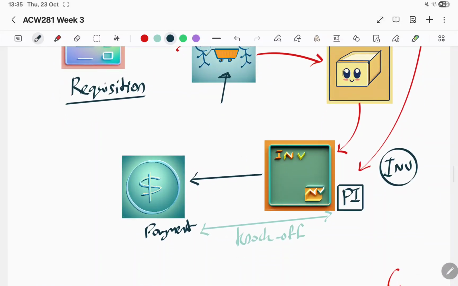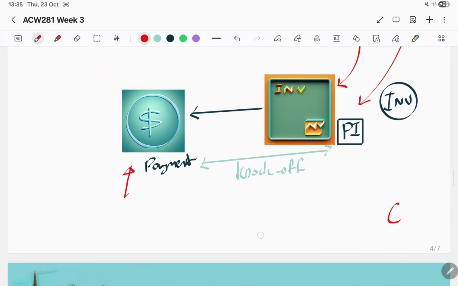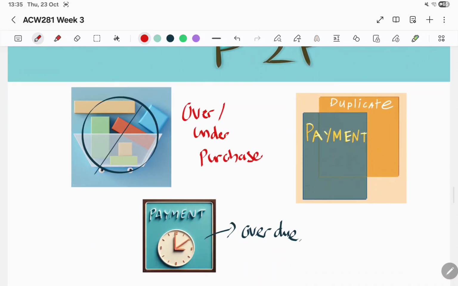In this stage, you want to pay them within the time limit. All right, why do you want to pay them within time limit? Because of reputation, and because of discount. Maybe you can get discount, but mostly it is reputation.